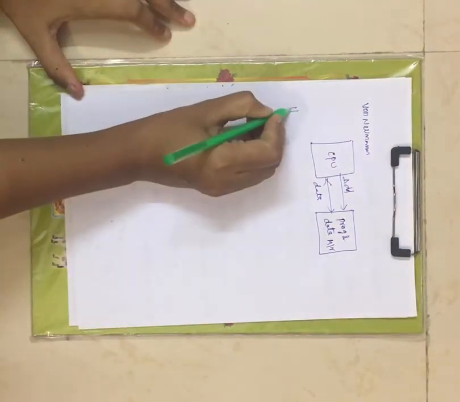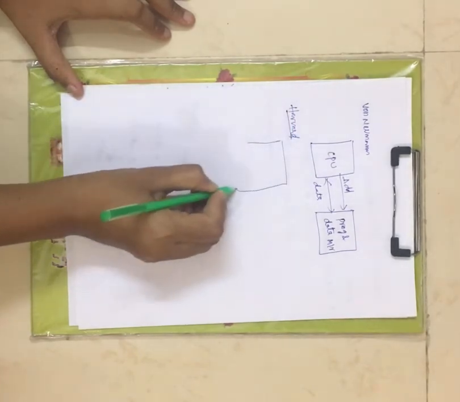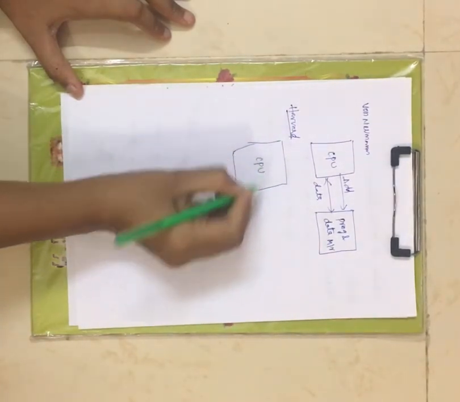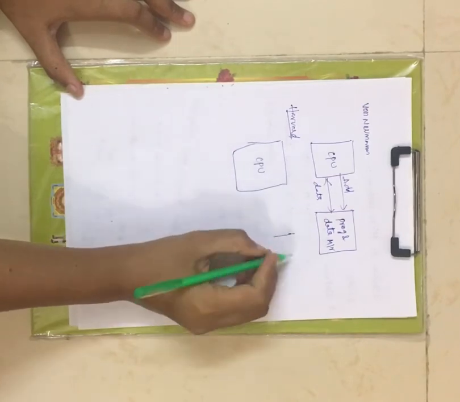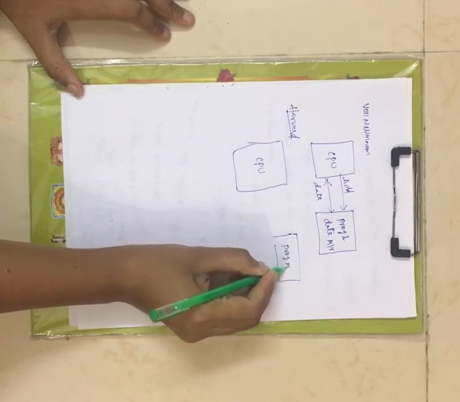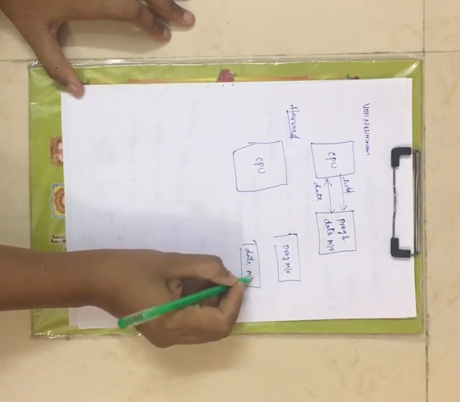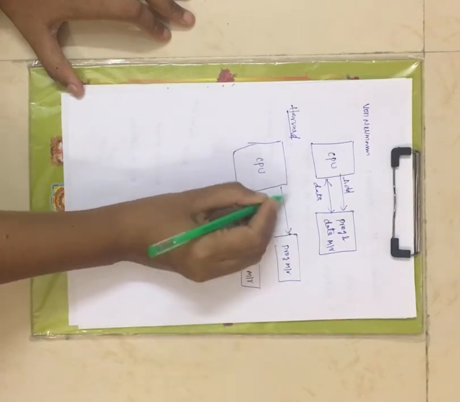Now coming to Harvard architecture, I'll draw a figure, then you will have a clear idea. This is your CPU, and next you have program memory, and next you have data memory. Here the program memory and data memory are stored individually.